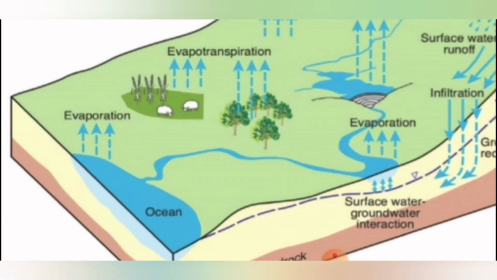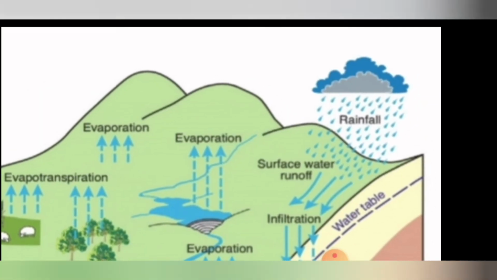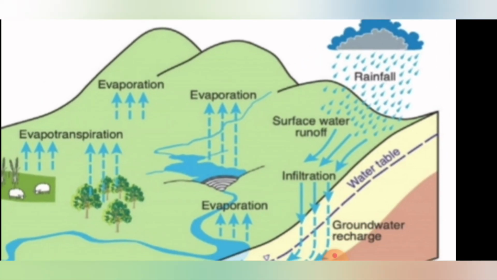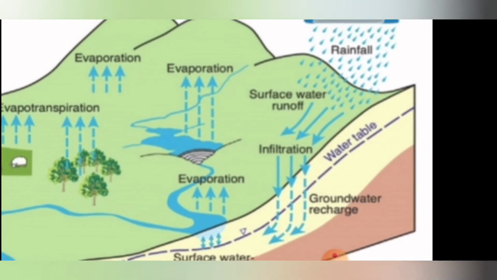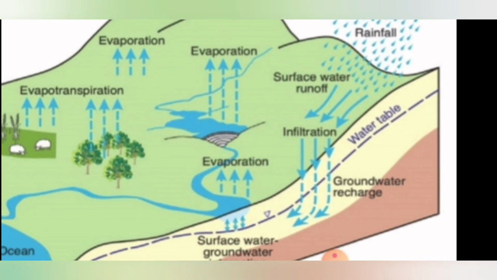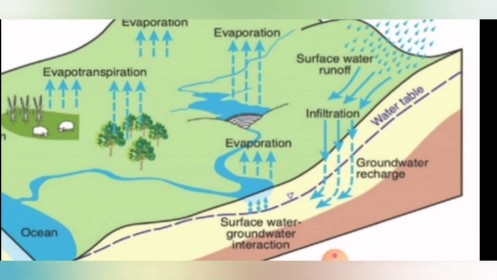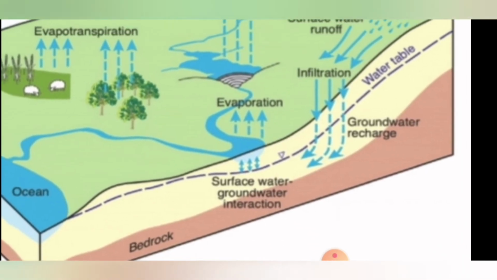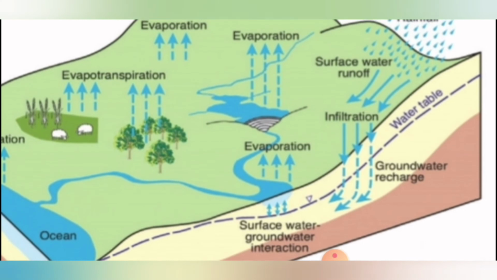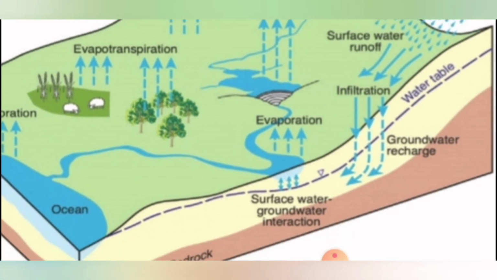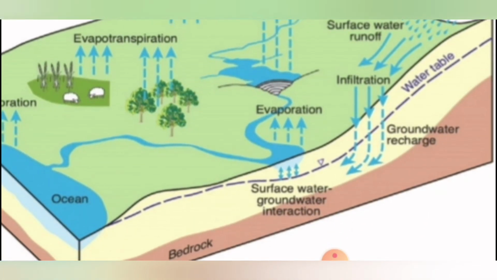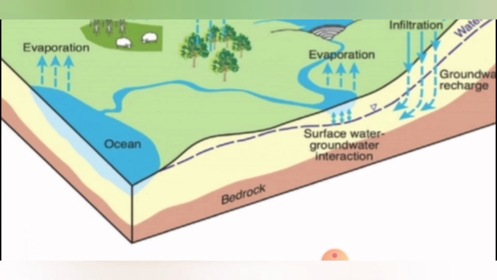So, you can see the ocean. You can see rainfall here. Rainfall comes and falls on the surface of the land. Water is running off, and it gets infiltration here. Water gets down into the groundwater underground: groundwater recharge, surface water and groundwater interaction, and it runs to bedrock.